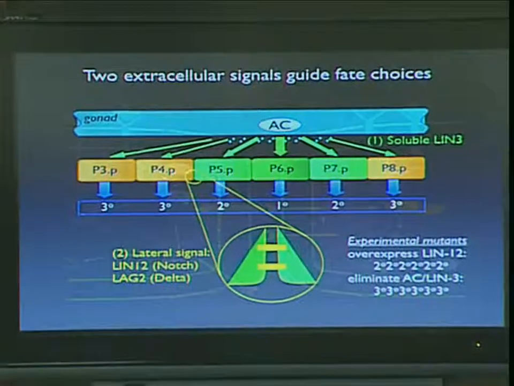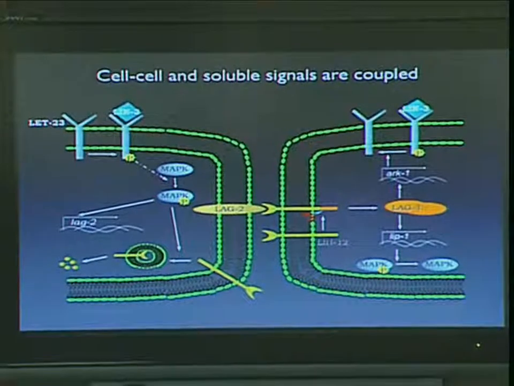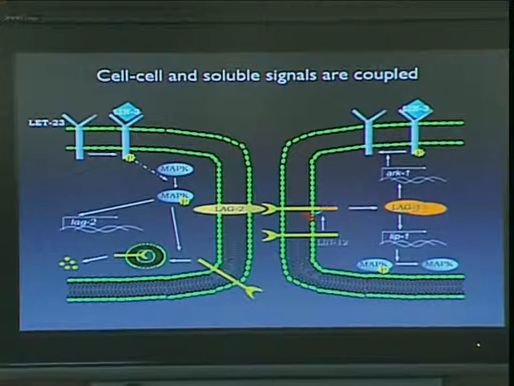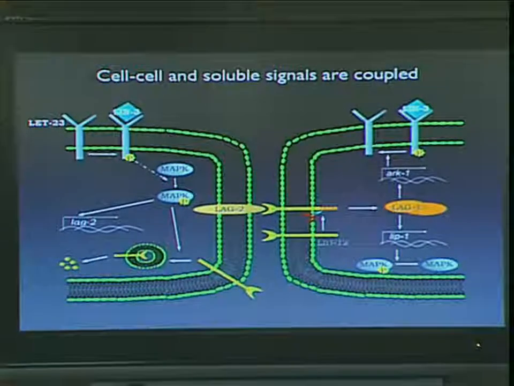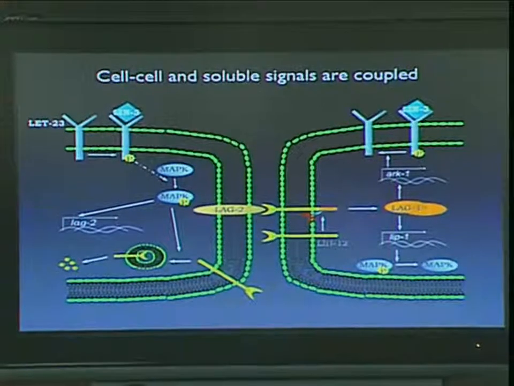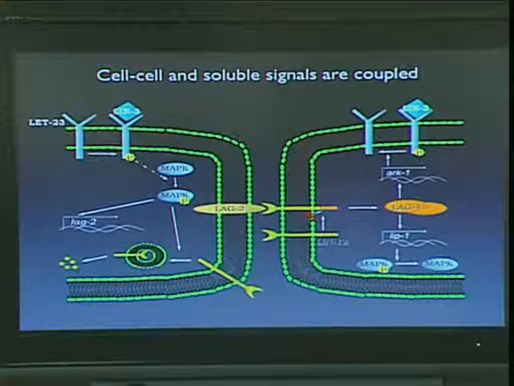molecules involved. What's important, though, is that these pathways, these two molecules, are not acting independent of one another. They are coupled through this reaction network that I've described here. EGF activates a pathway that controls Notch and Delta. Notch and Delta activates pathways that control EGF signaling.